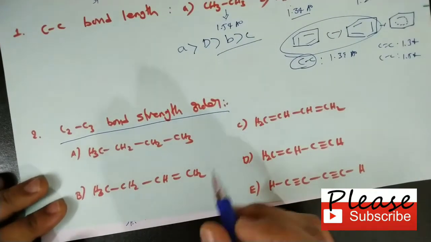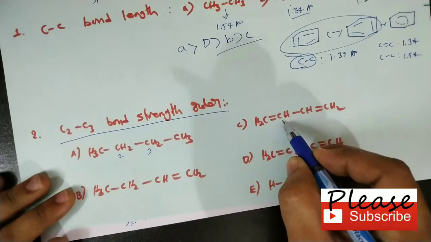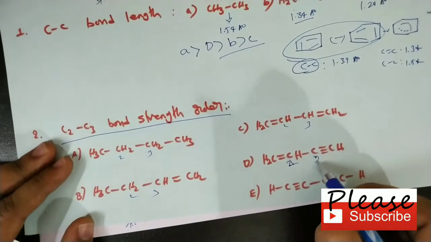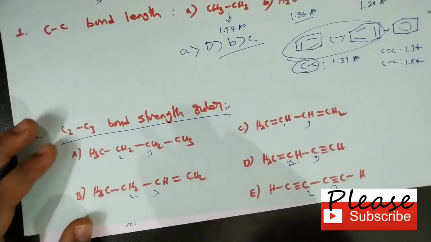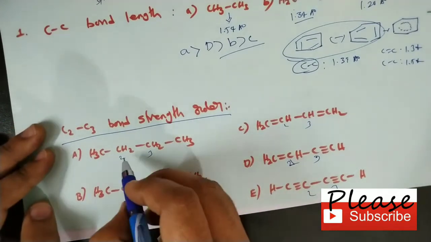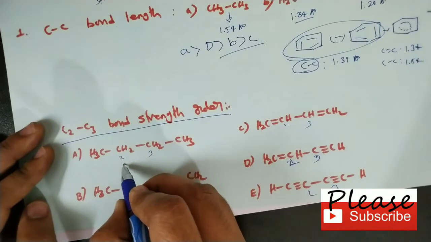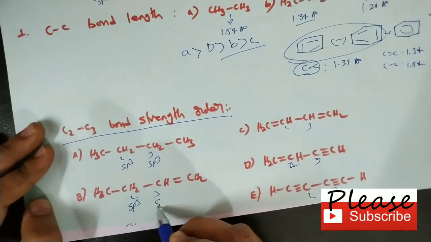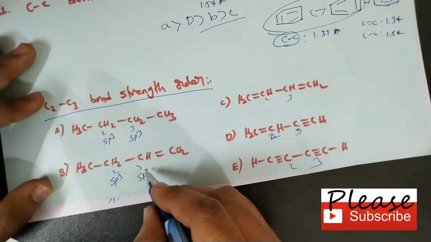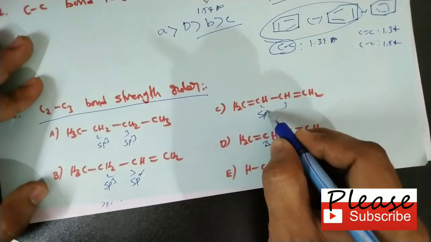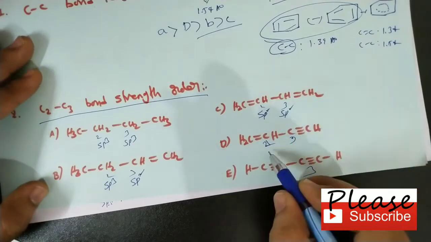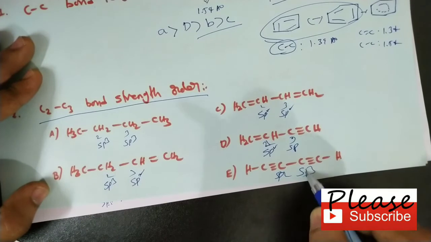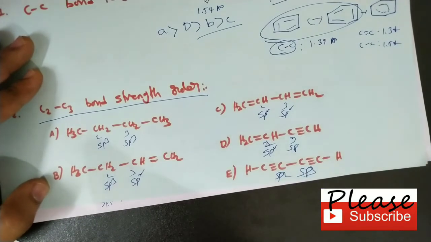Here bond strength order, these are all the C2-C3 bonds. In this case, this bond is an sp3-sp3 bond, this is sp3-sp2, this is an sp2-sp2 bond, this one is the sp2-sp bond, and this one is sp-sp bond.